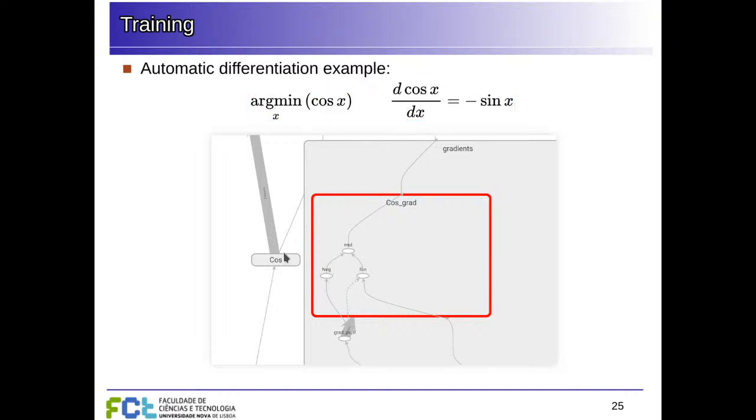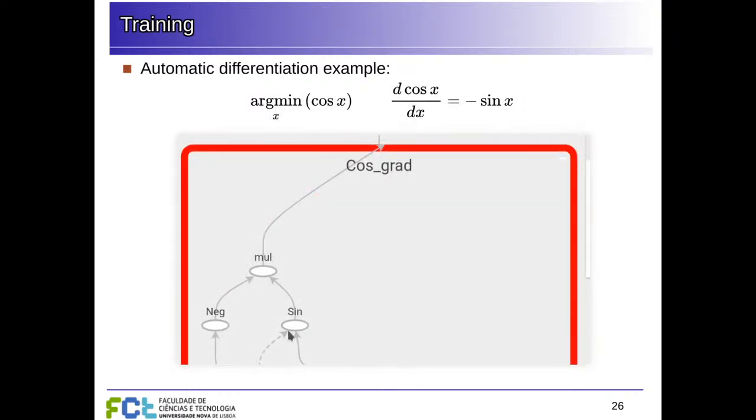And so, in that case, what happens is that TensorFlow will associate to the function cosine that we have here in the computational graph the computation of the gradient for that function, and the gradient for that function will be minus the sine of x. I have here a bit increased the magnification.